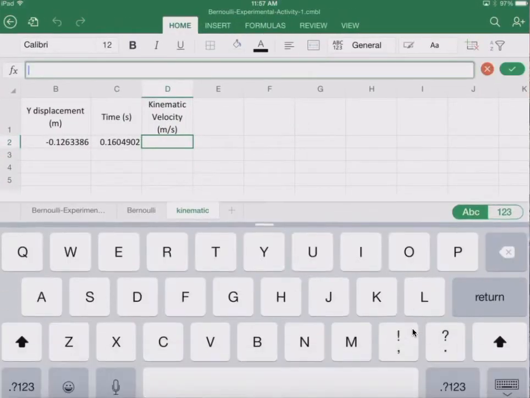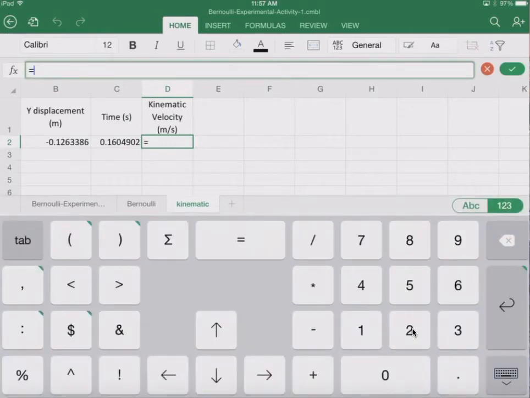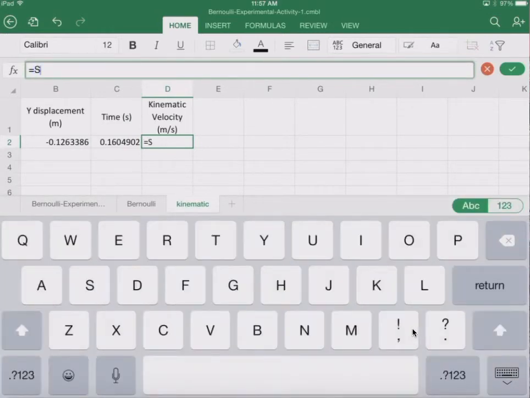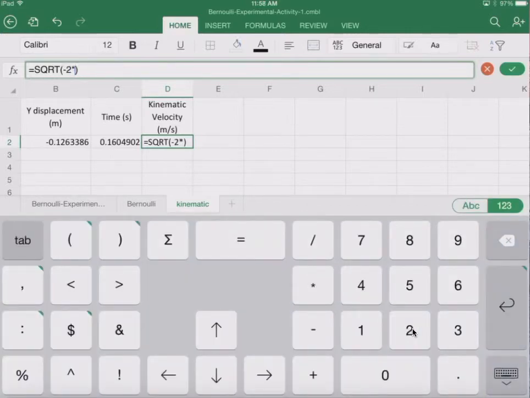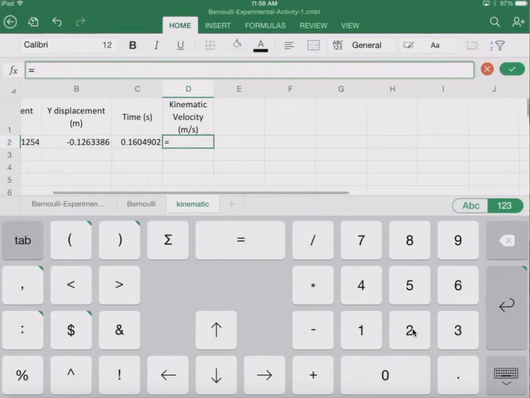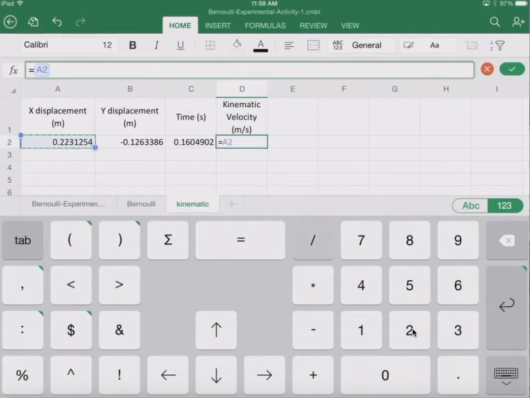Okay, so we know that this is going to equal the square root, and we know that that's going to be a negative 2 times, no, we already calculated the square. We already calculated all of that. So I'm doing a little extra. So we're going to say it equals the x displacement divided by the time of flight. And that's it.